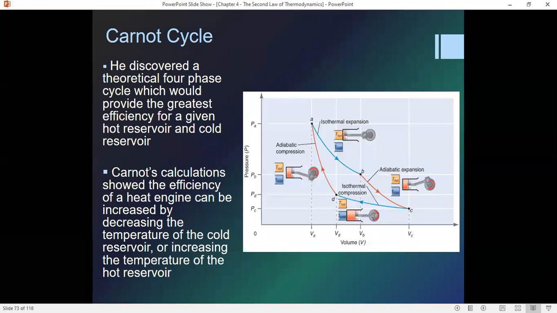So he discovered that if you put four theoretical processes together, you would get the greatest efficiency. And you've got to follow this because it's a little complicated.